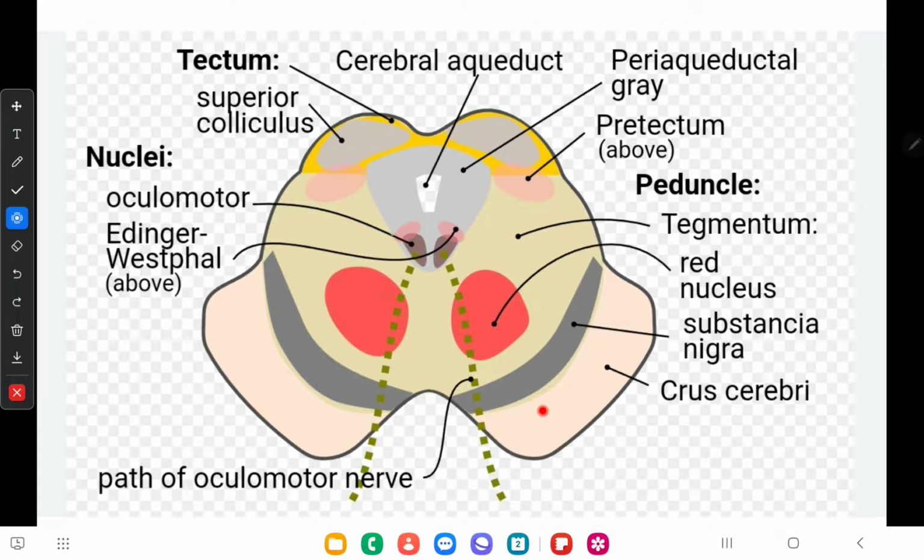Here is the main motor nucleus of the oculomotor nerve. This main nucleus is subdivided into different groups which supply the individual intraorbital muscles: inferior oblique, inferior rectus, medial rectus, superior rectus, and levator palpebrae superioris. The Edinger-Westphal nucleus gives parasympathetic supply to the ciliary and sphincter pupillae muscles.